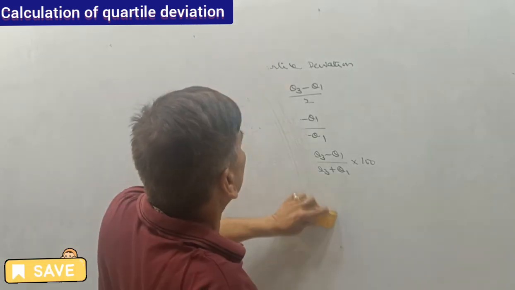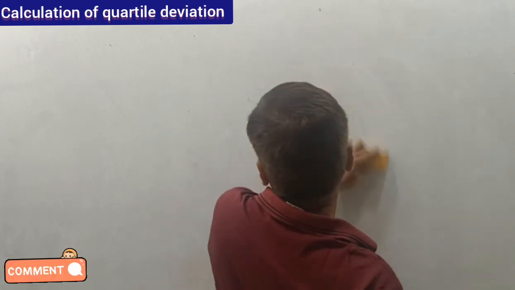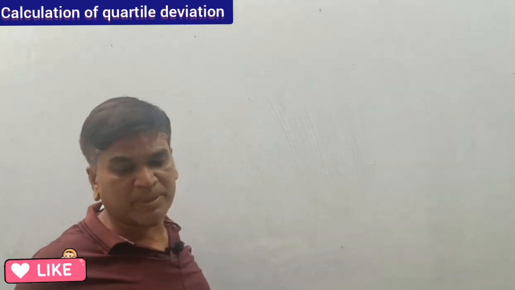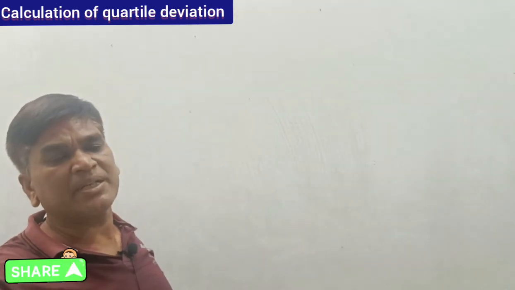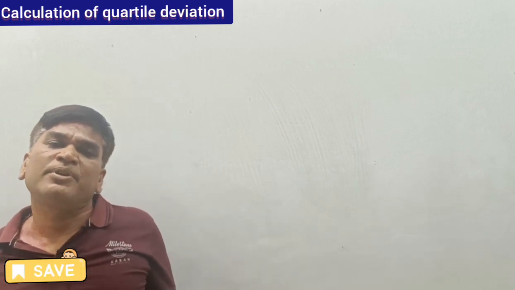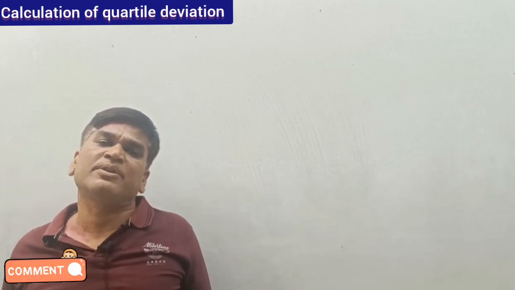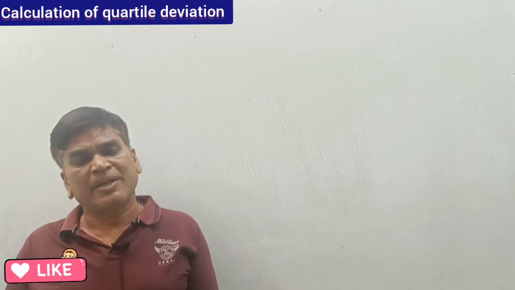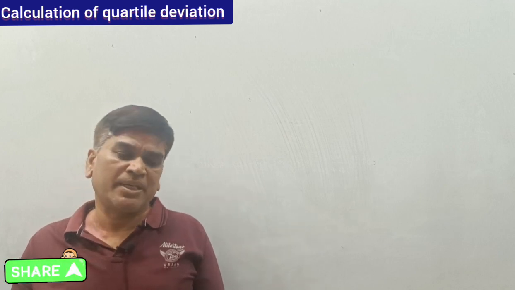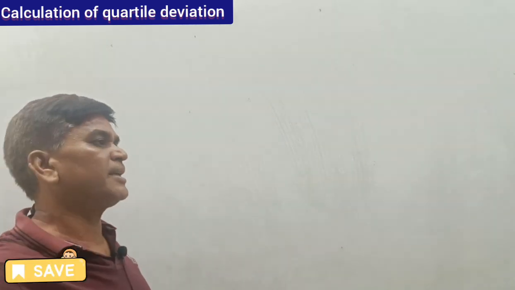The first is a case of an individual series where we calculate the quartile deviation, and then a case of a continuous series where we calculate the quartile deviation and the coefficient of quartile deviation. The first example: compare the dispersion in the following two series.